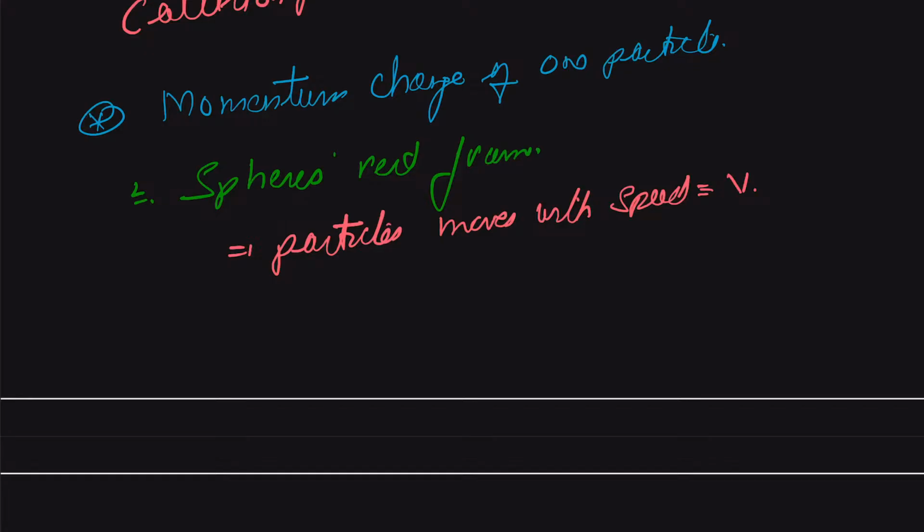And because the sphere is very heavy, we can assume that the sphere will always be at rest. There is no recoil in the sphere, and the collisions are always elastic and frictionless.